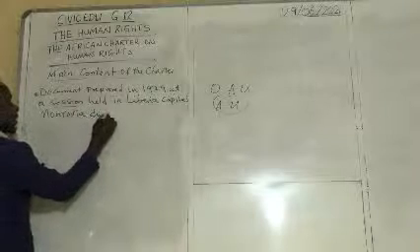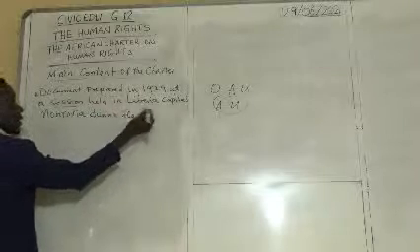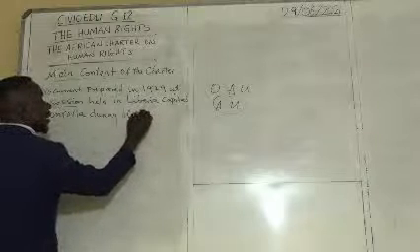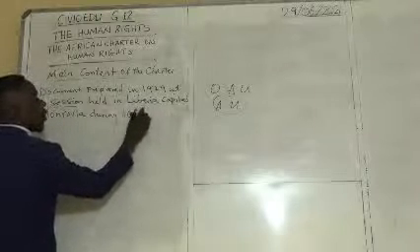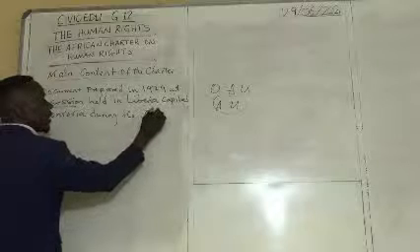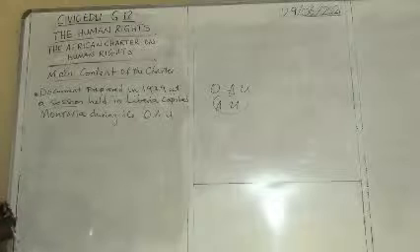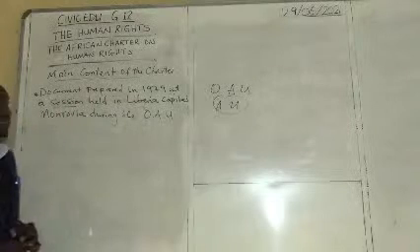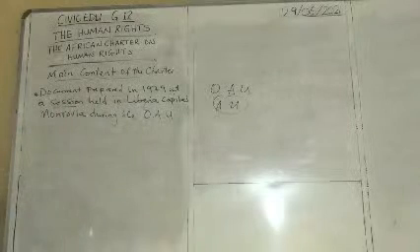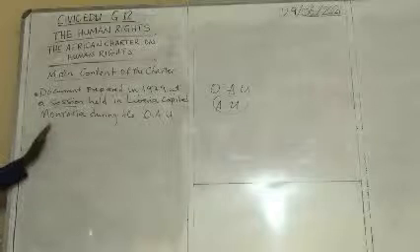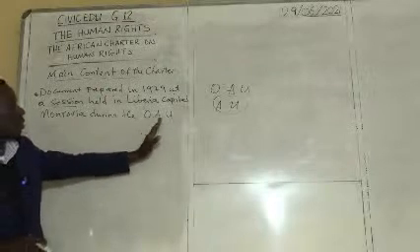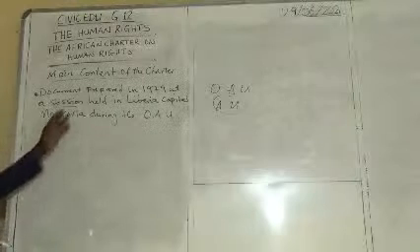It was prepared during the OAU. Document prepared in 1979 at a session which was held in Liberia, capital Monrovia, during the OAU. This is the same meeting.